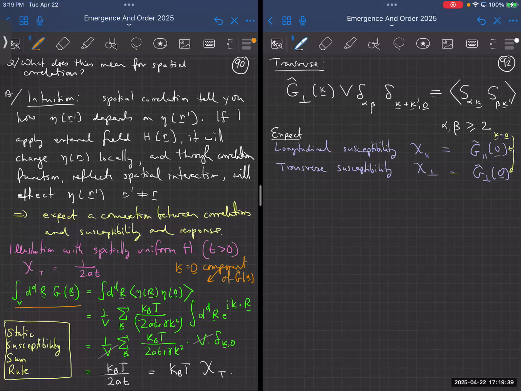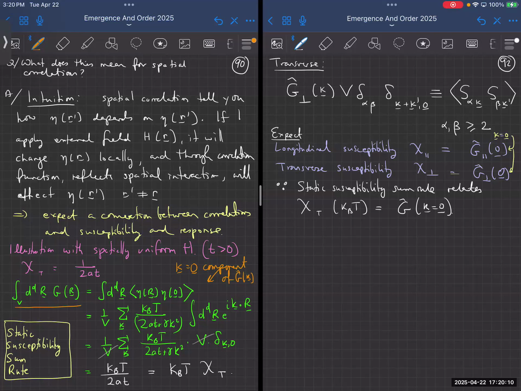And we expect this because the static susceptibility sum rule relates chi t times kBT to g hat of k equals 0. Okay, so that's the setup.